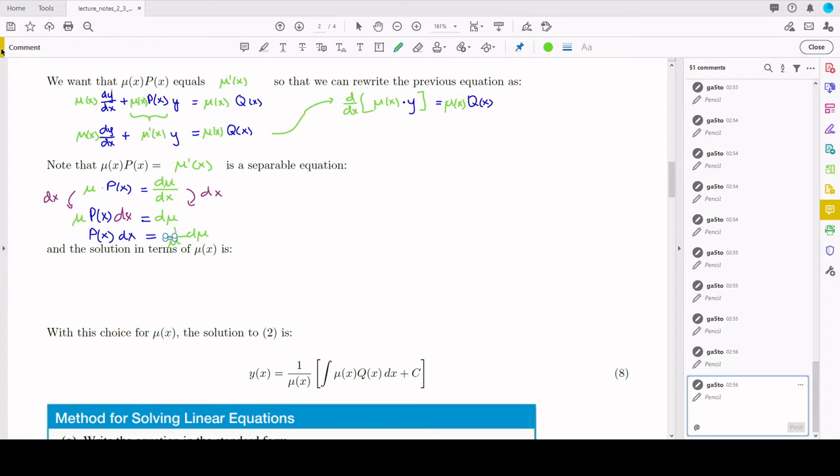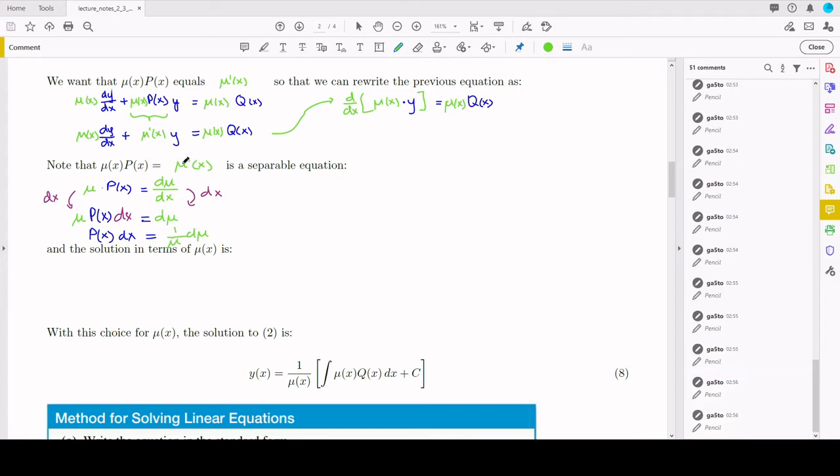Okay, and then our next step is to integrate both sides, right? So we're going to integrate the left-hand side, and the right-hand side.